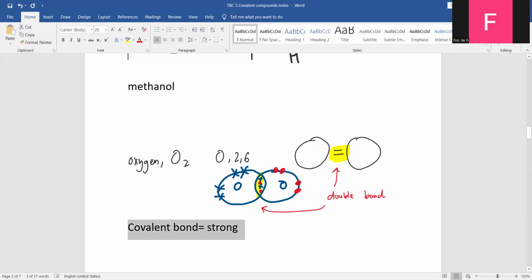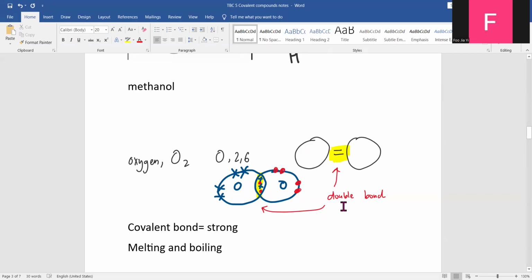However, when we melt or boil it, we do not separate the bonds here.